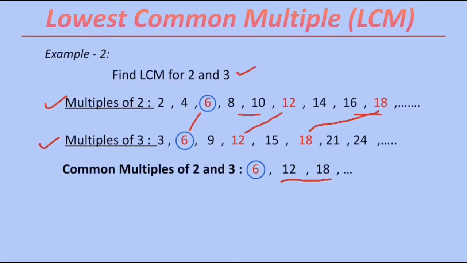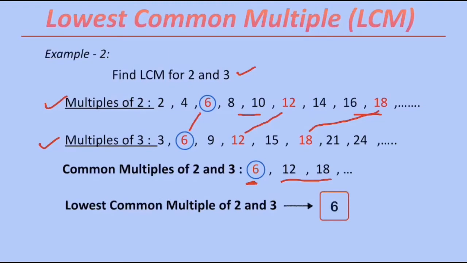Out of these, 6 is the smallest multiple. So the lowest common multiple of 2 and 3 is 6. Now we can say that 6 is the lowest common multiple for 2 and 3.